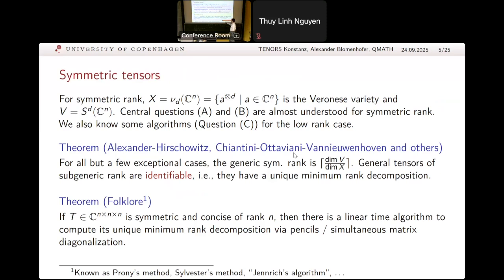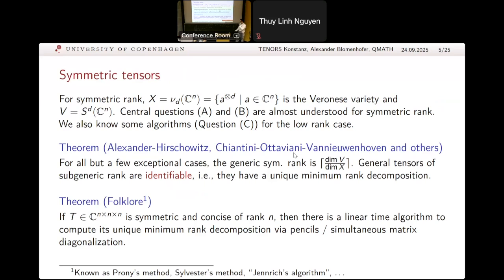And especially in the computer science community, people also like to call this Jennrich's algorithm, after Robert Jennrich, who never wrote a paper on this, from what I know. But it's a really funny story. He gave the idea of a uniqueness theorem to another researcher called Harshman, and then he published some results on this.